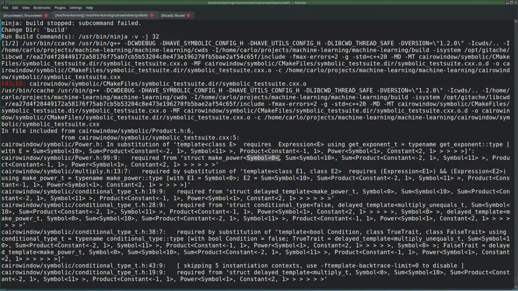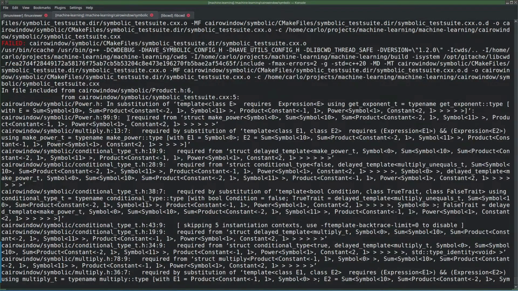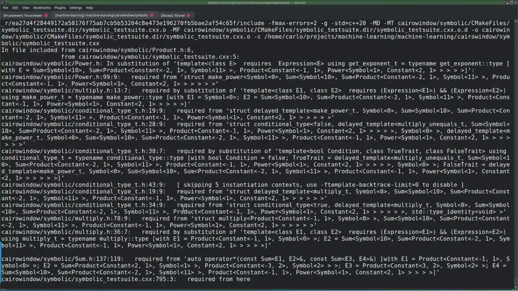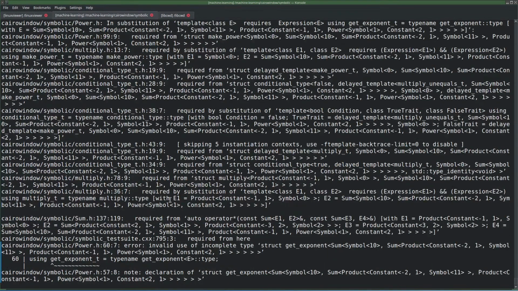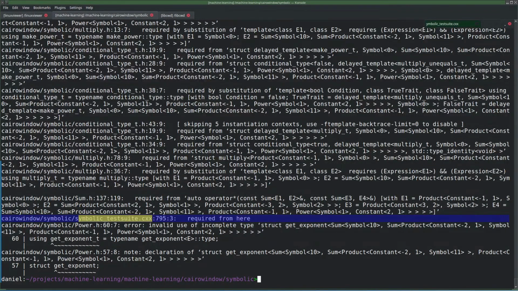Make power of a symbol and a sum. Okay, so I think we have still the same error. And this now comes from here.